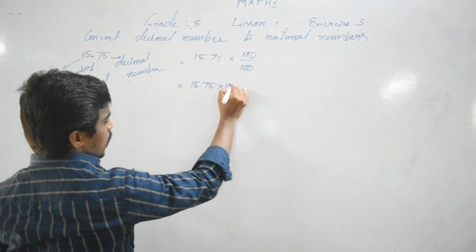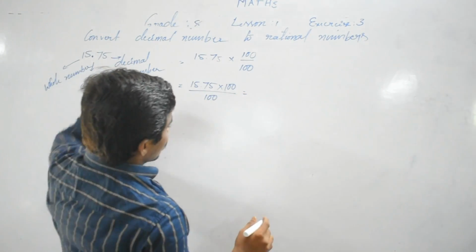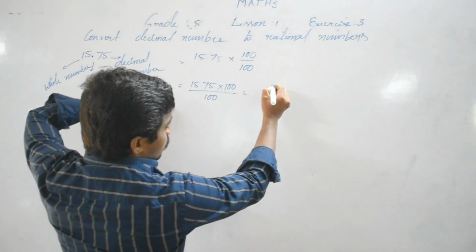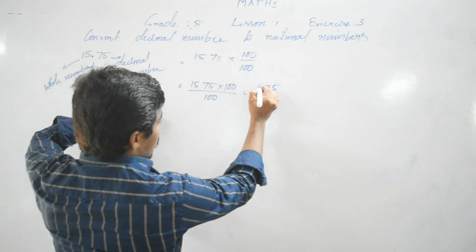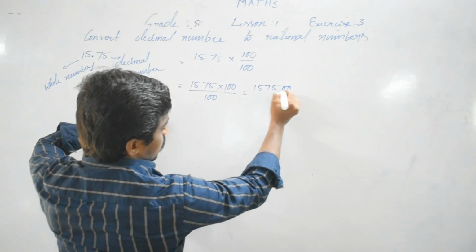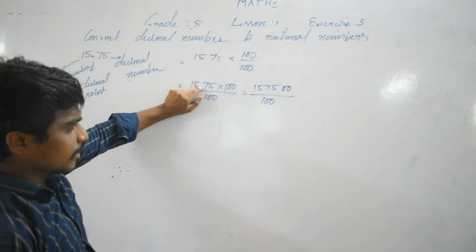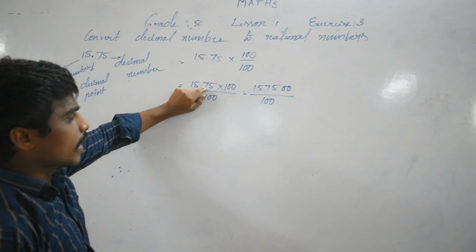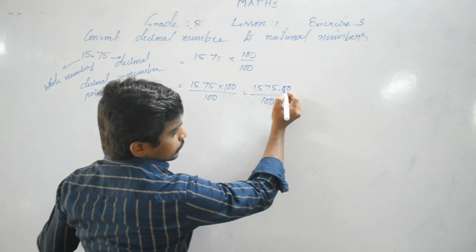So 15.75 times 100 by 100. Here 1 5s are 5, 1 7s are 7, 1 5s are 5, 1 1s are 1, and 2 zeros from the multiplication by 100. Here, after the point how many numbers? 2 numbers, so here 2.